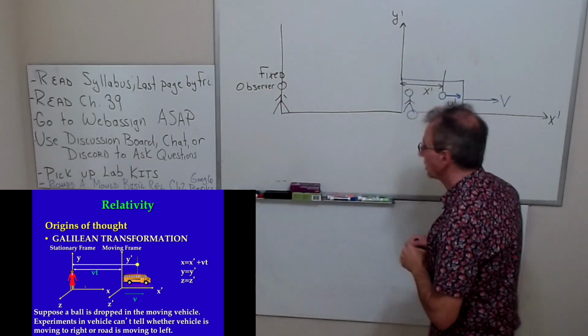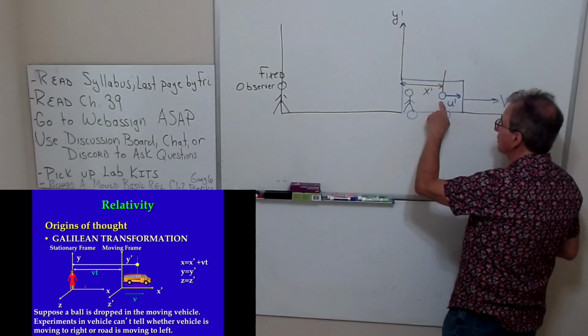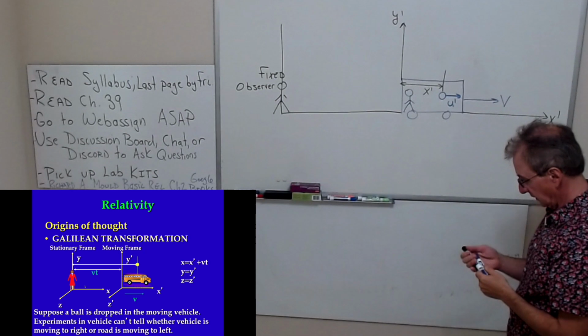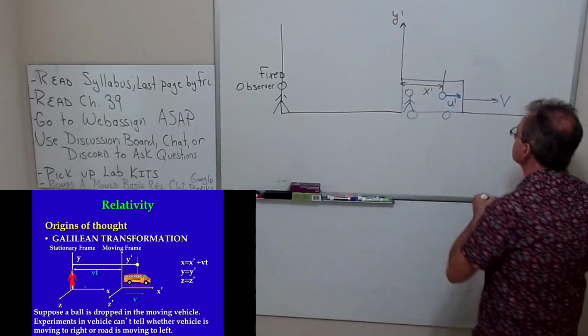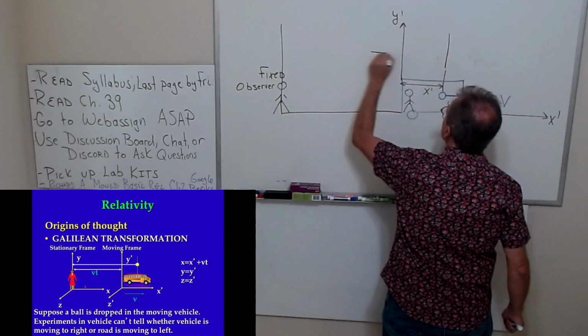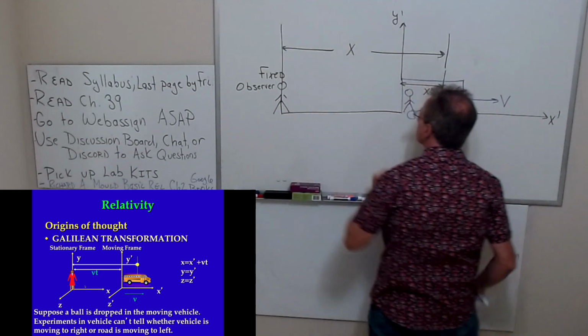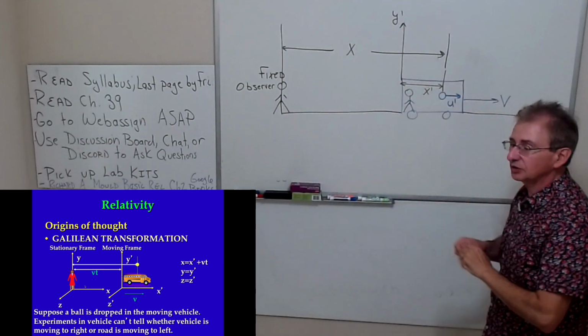The fixed observer sees this ball that one of us has thrown to the right. Now, the fixed observer says the location from him or her is x at some time t.